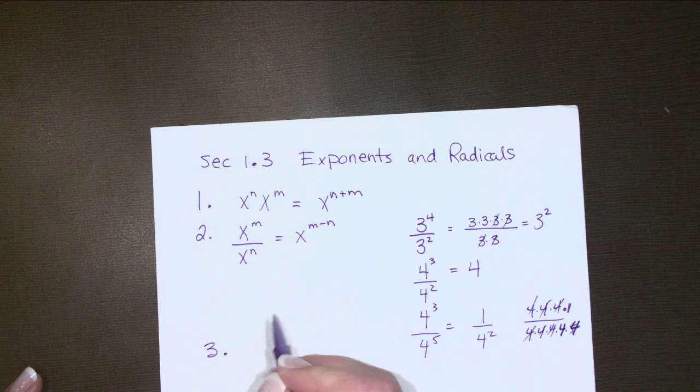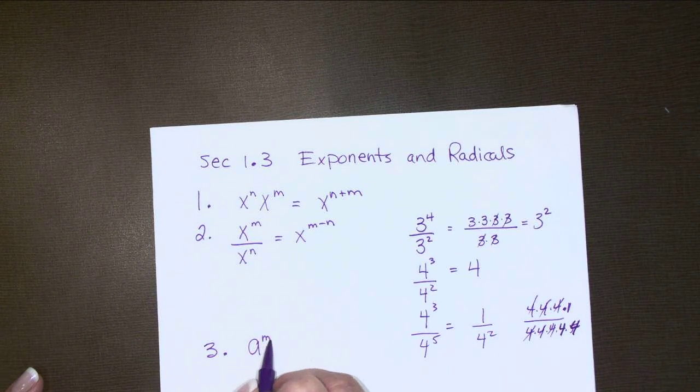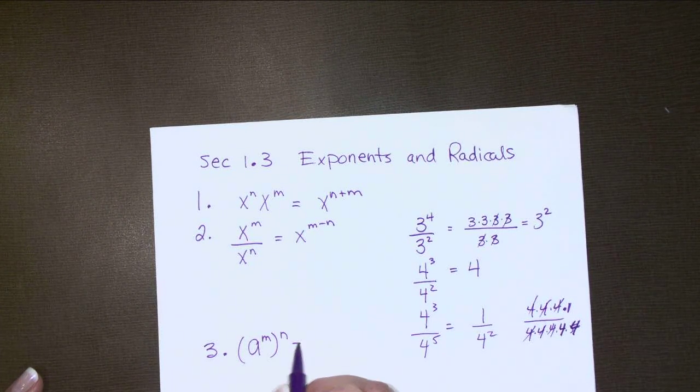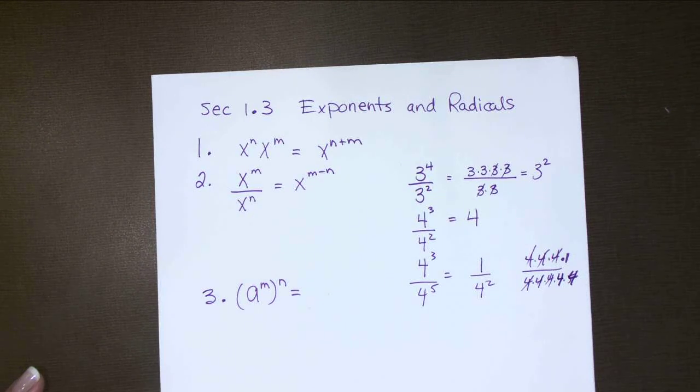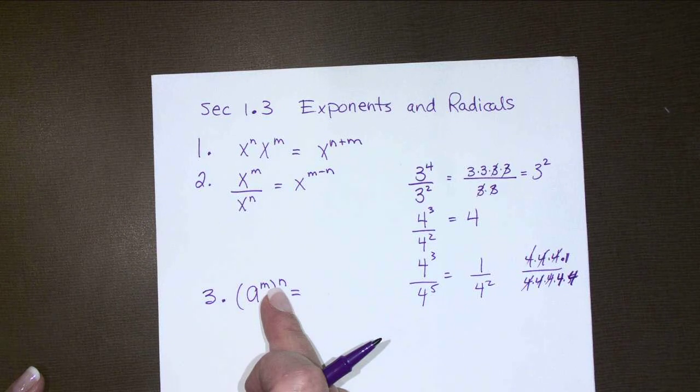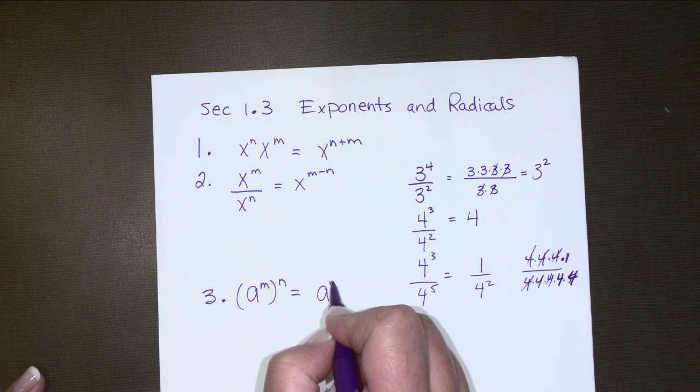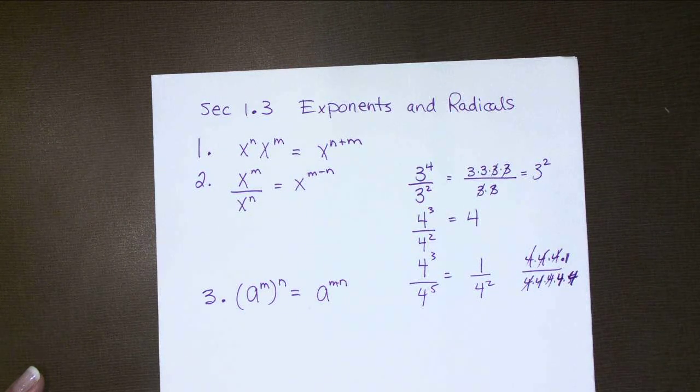Okay, number 3. When we've got two exponents, one base, sometimes they look like this, you would multiply them. So m times n, like that.